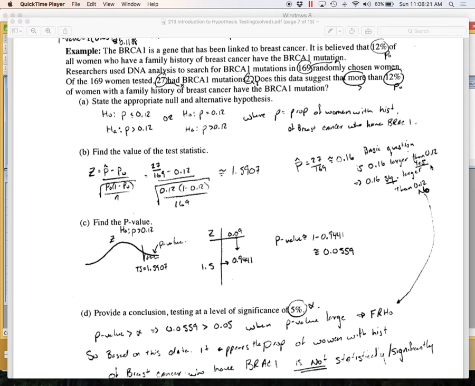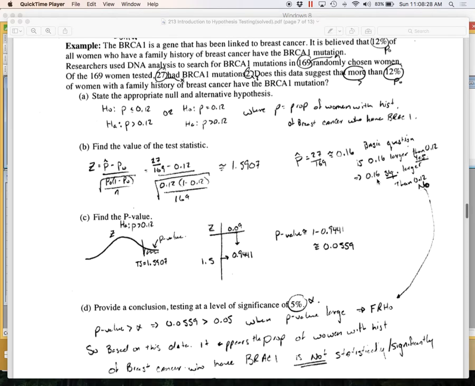I think the answer is obvious, yes. 16 is larger than 12, that is true. However, the question that we actually answered is, is 16 significantly larger than 0.12? And here we've found, because the p-value is large, we're saying no. 0.16 is not significantly larger than 0.12.